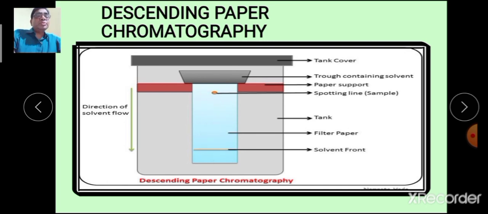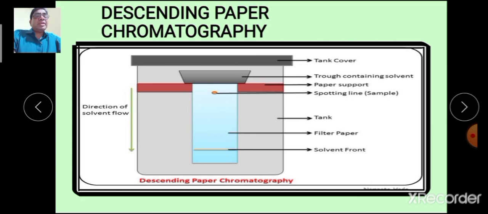As the solvent moves, it travels along with it the components of the mixture. Depending upon the affinity, the components are separated. The components having least affinity are separated at the longer distance, while the components having most affinity are separated at the smaller distance.